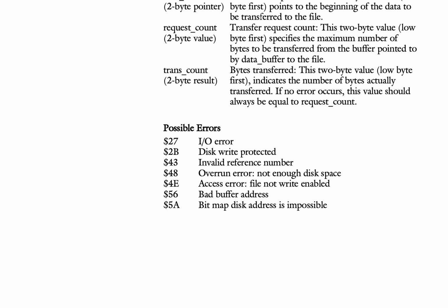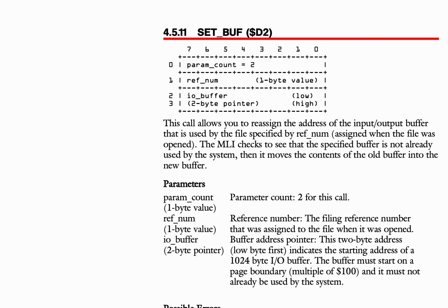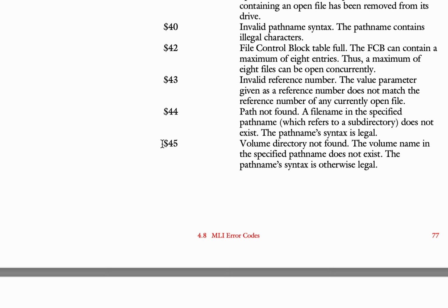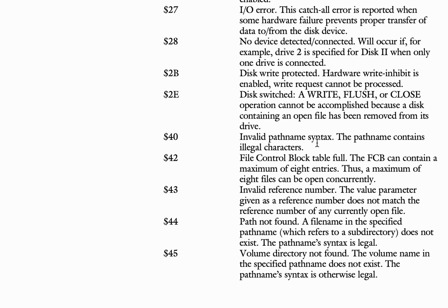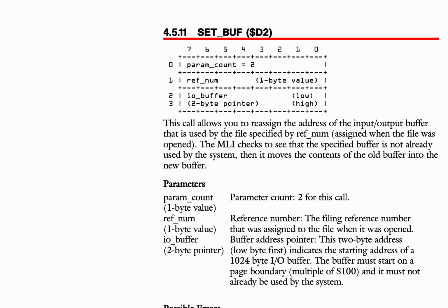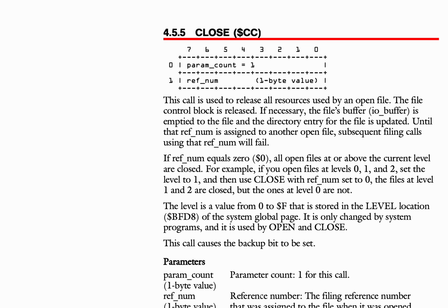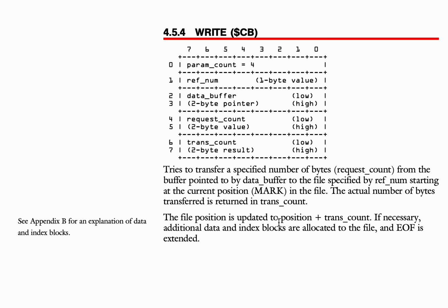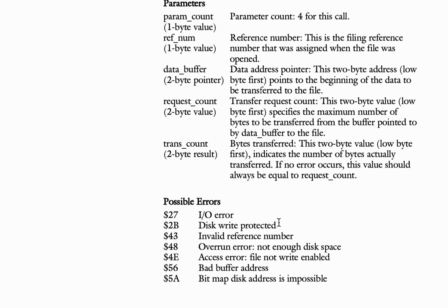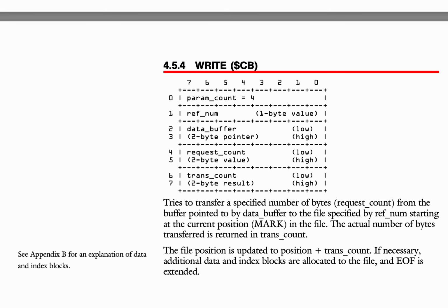Of course, there could be some screw up in my code. It's definitely possible. There's a big thing on errors here. Invalid path name syntax is error 40. That seems extremely unlikely. All right, here we are. So let's go look at the code and see if there's something screwed up there.